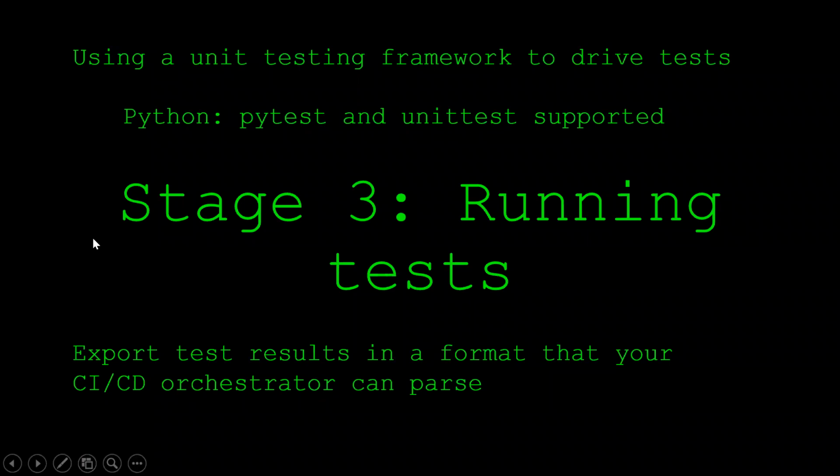One other thing that's incredibly important is to make sure that your continuous integration orchestrator, in our case Jenkins, is able to parse the test results, is able to understand what is the result of the execution of your tests.